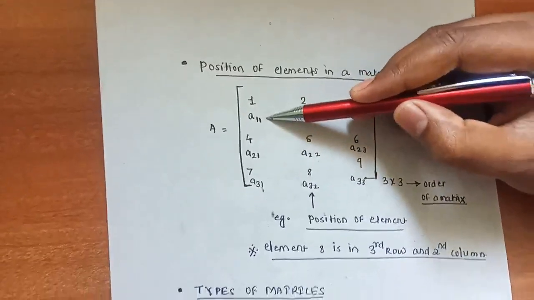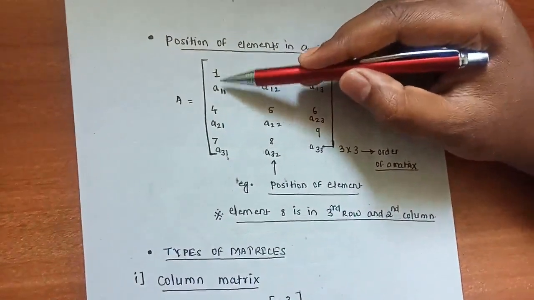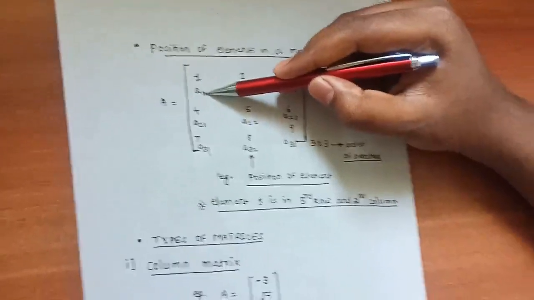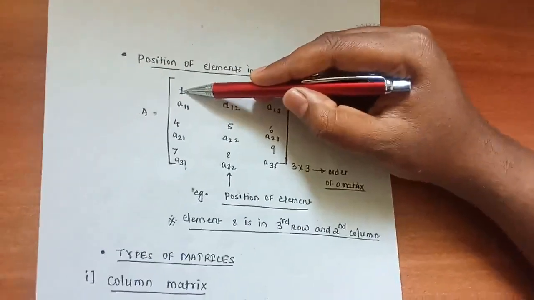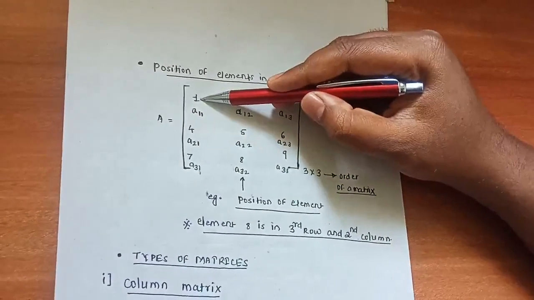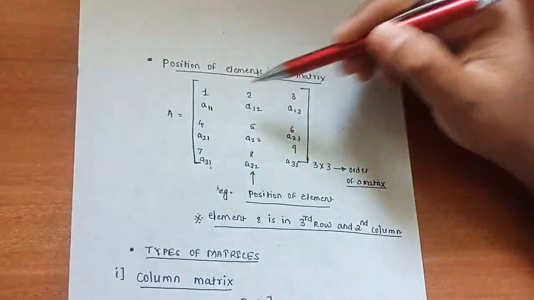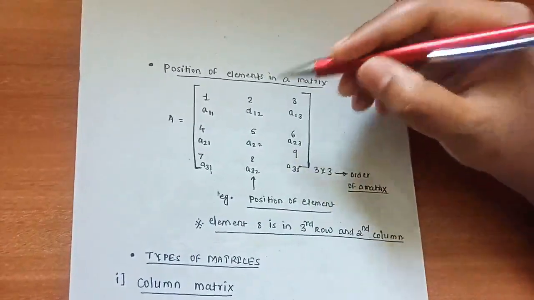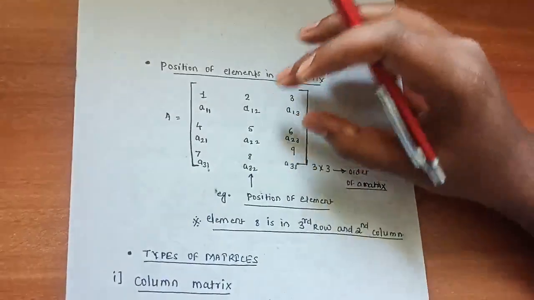So this is a11, that means the first one indicates the row in which it lies, and the second one indicates the column in which it lies. So this one has a specific position a11. Likewise we can find the position of every element which lies inside the matrix.